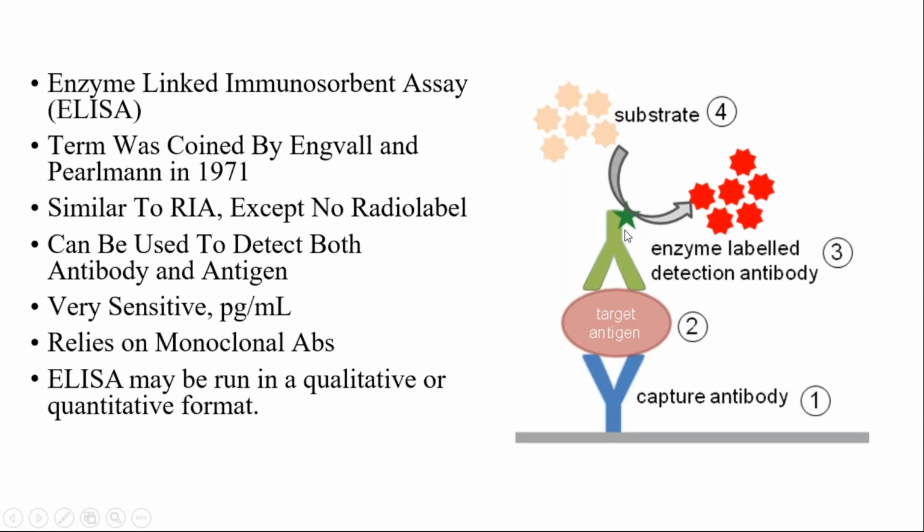And once it binds, you can determine or quantitate it by giving the substrate to the enzyme, because most of the antibodies that are used are labeled, or the proteins are labeled with an enzyme. An enzyme has been attached to them.